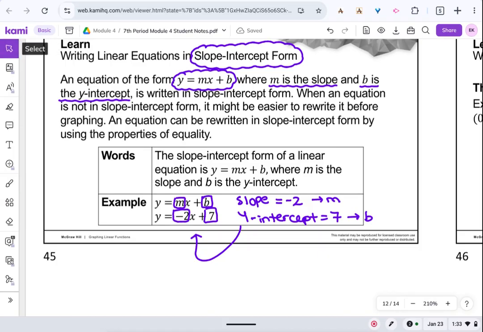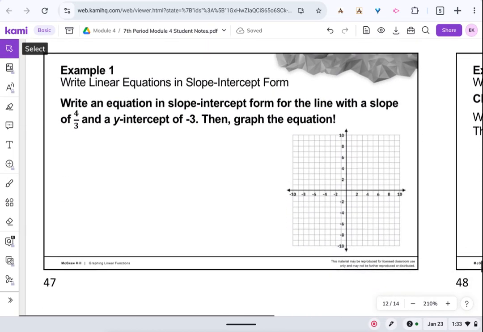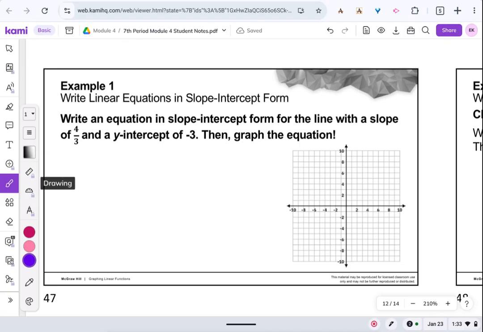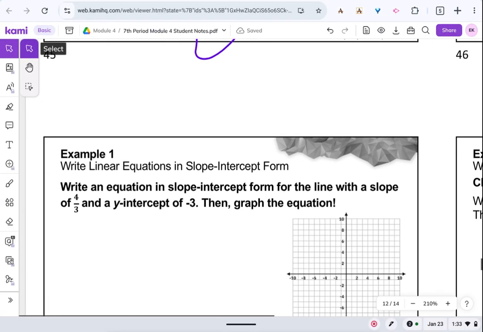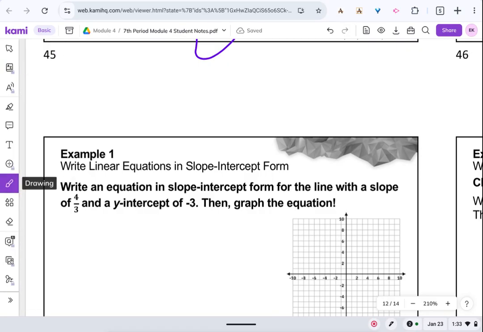All right, so let's go ahead and go down to this next slide here, slide 47. This is where we're going to start with our examples. Okay, before we do that, right above here, I'm going to write that pattern that we had for slope on the previous slides, but I just want to have it here so that it's easy to reference, okay?